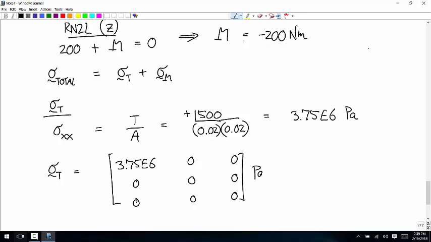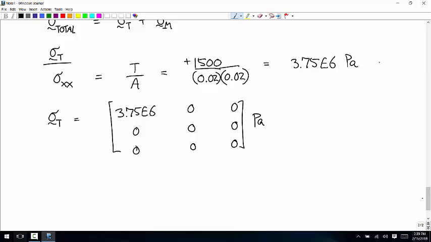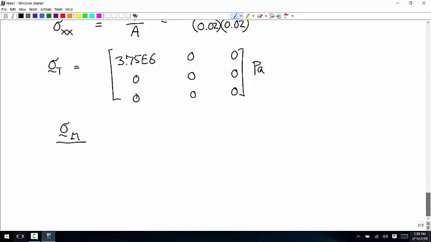This is pascals. And now we have to do the stress due to the bending moment. We have to calculate the area moment of inertia. So in this case, that's just 1/12 times the width times 0.02 to the third.